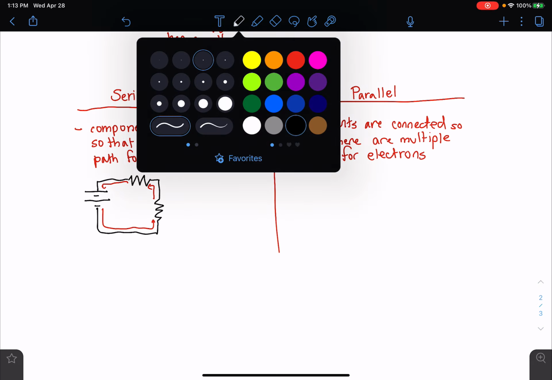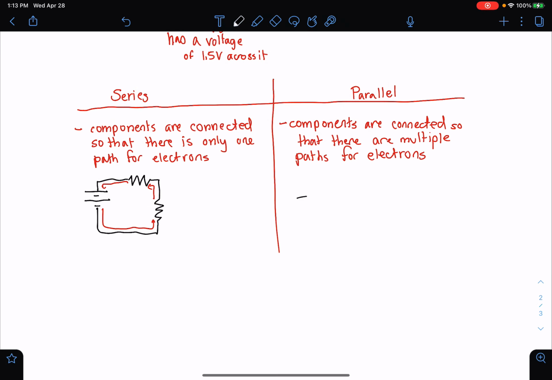A parallel circuit, you might have something that looks like this, where you have your battery. Then here at this point, your wire might branch, and each part of that wire has a resistor, and then they reconnect here and then go around.